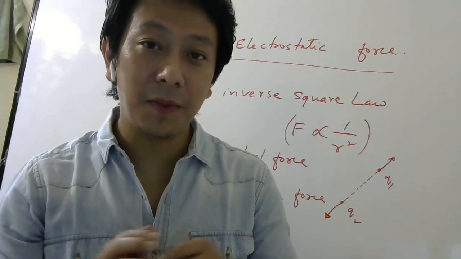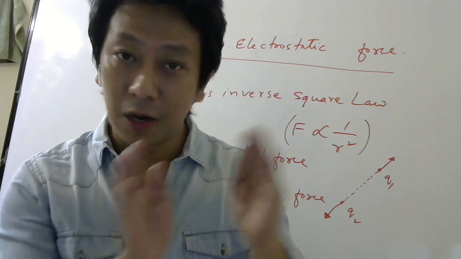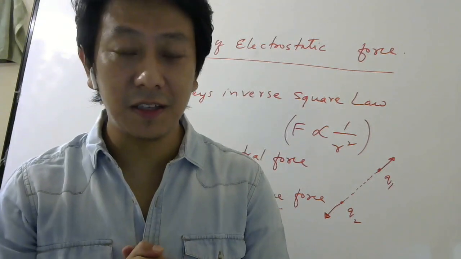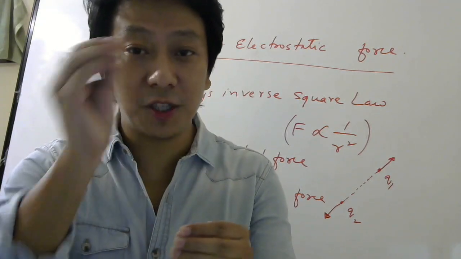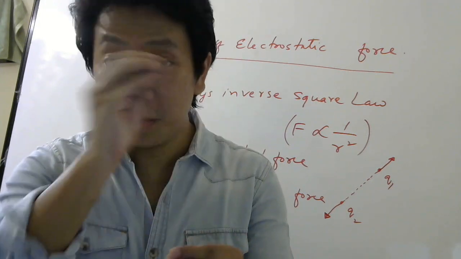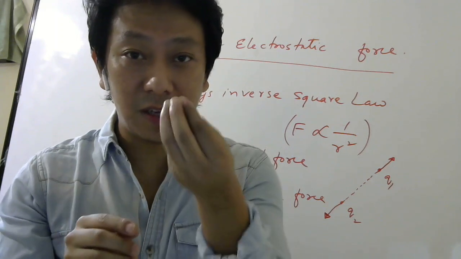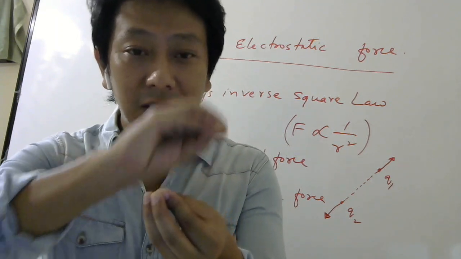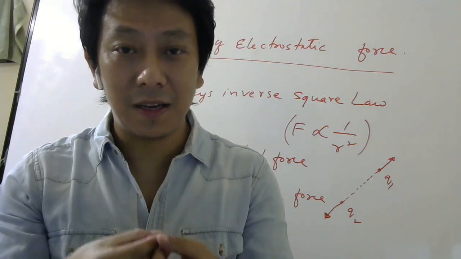It only depends on the initial position and the final position. That is one way of saying. Another way of saying is the work done by electrostatic force in a closed path will be 0, because it does not depend on path, right? It depends on initial and final. So if the path is closed, it means initial and final will be same, and then in that case work done will be 0.